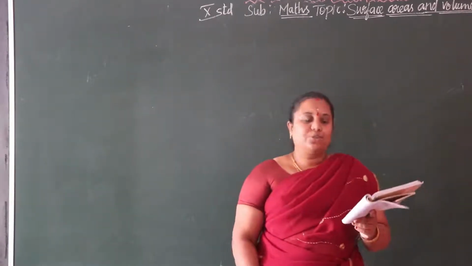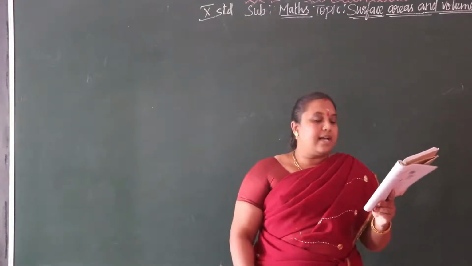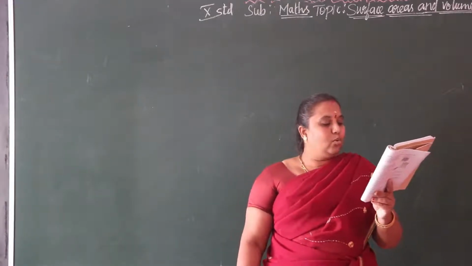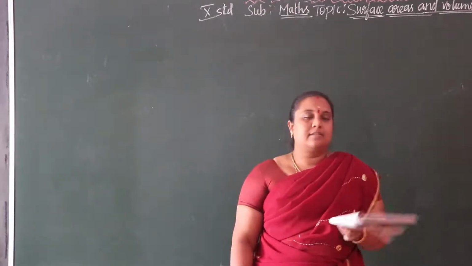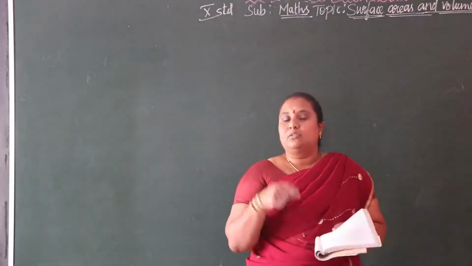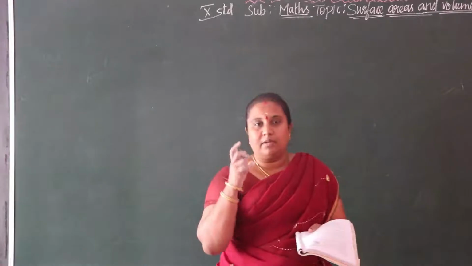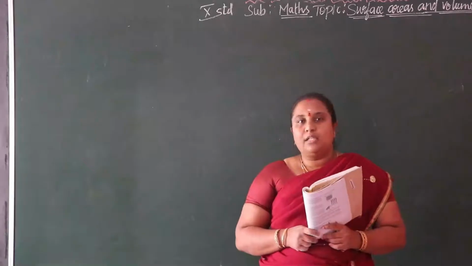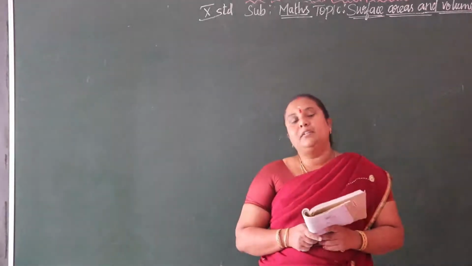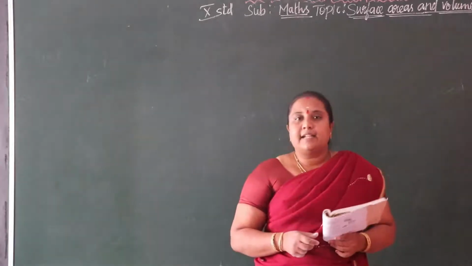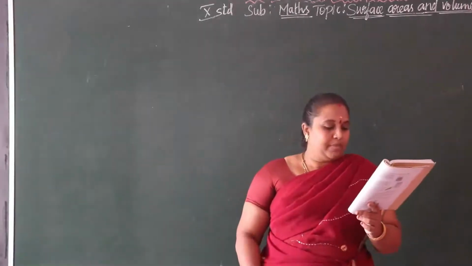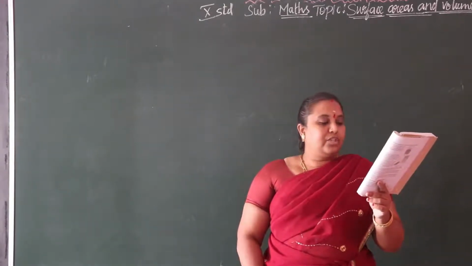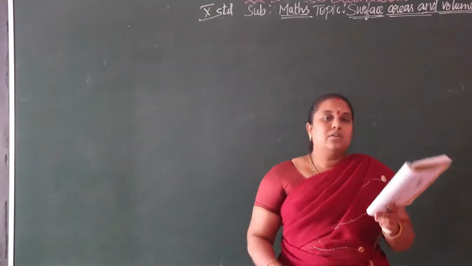Rachel, an engineering student, was asked to make a model shaped like a cylinder with two cones attached at its two ends, using a thin aluminium sheet. So this is given.